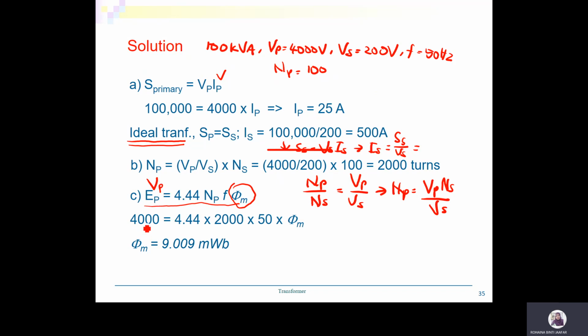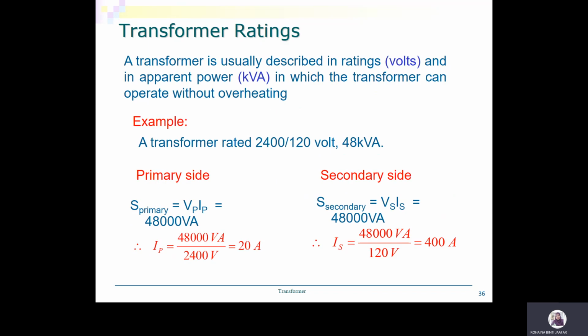So Ep or Vp equal to 4.44 times number of turns, which is 2000, times frequency 50 Hz times maximum flux. So use your calculator. Maximum flux equal to 9.009 microweber. So this is the example of transformer analysis. Okay, hopefully you can understand the example. Okay, this one also a few examples.